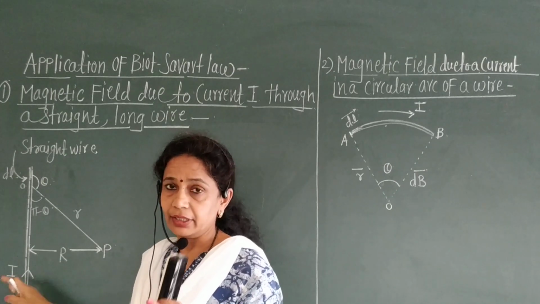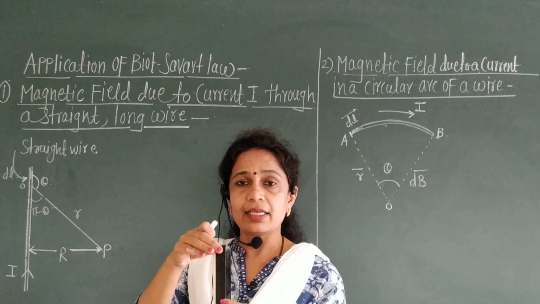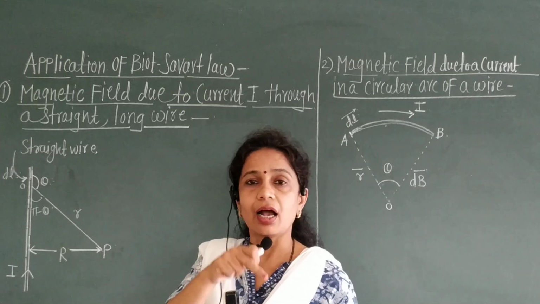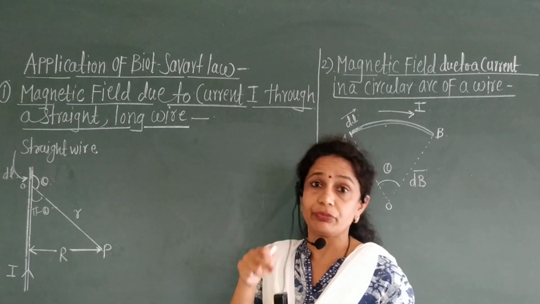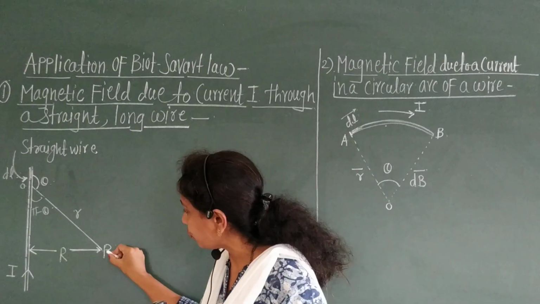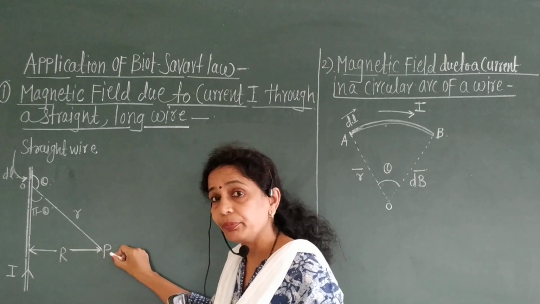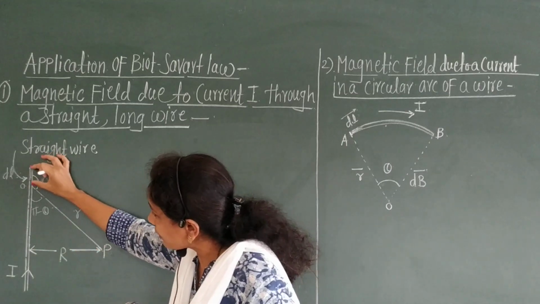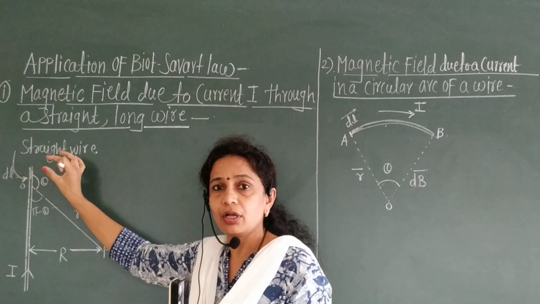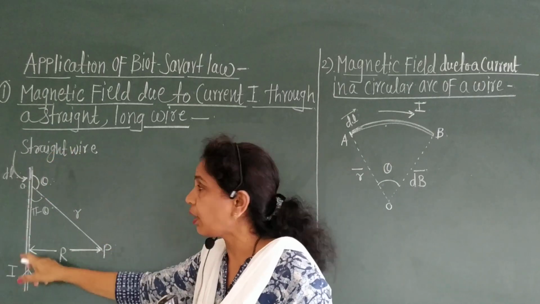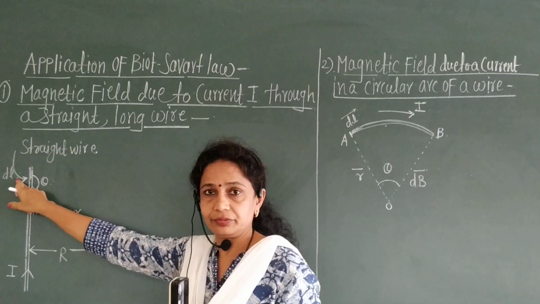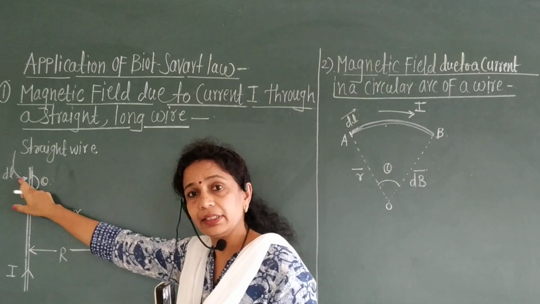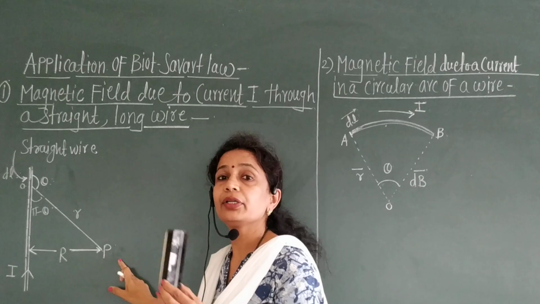Okay. Then according to the scientist Oersted, as this is a current carrying wire, around it there is a magnetic field. And we have to find the magnetic field at point P at a distance r. Therefore, we consider a small element of that wire whose length is dl, and this angle theta is the angle between the element dl and the line OP.